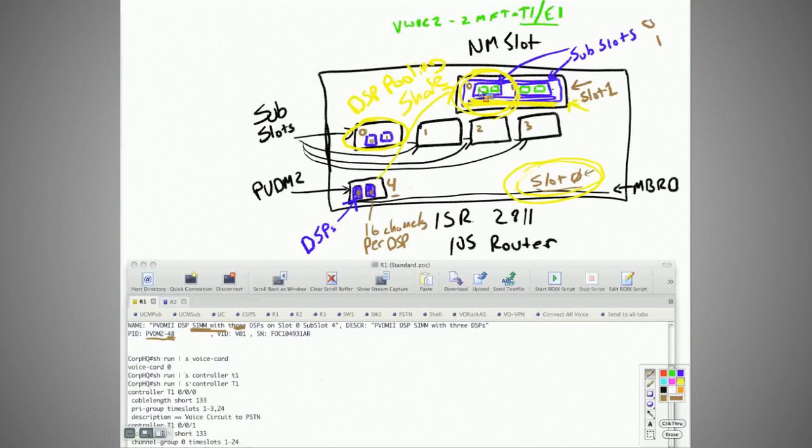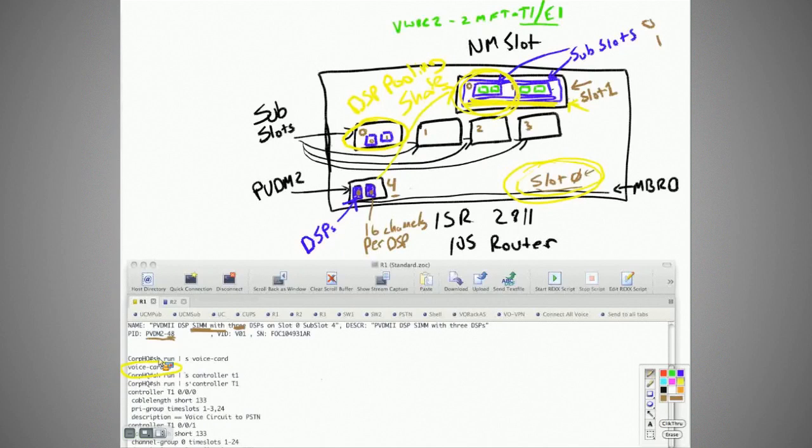I think there's 5 subslots in there, and we can put maybe 5 PVDM2 60s, and we don't have any voice cards on it, but we do have other NM-HDVs that have voice cards and the motherboard. We can enable DSP sharing.